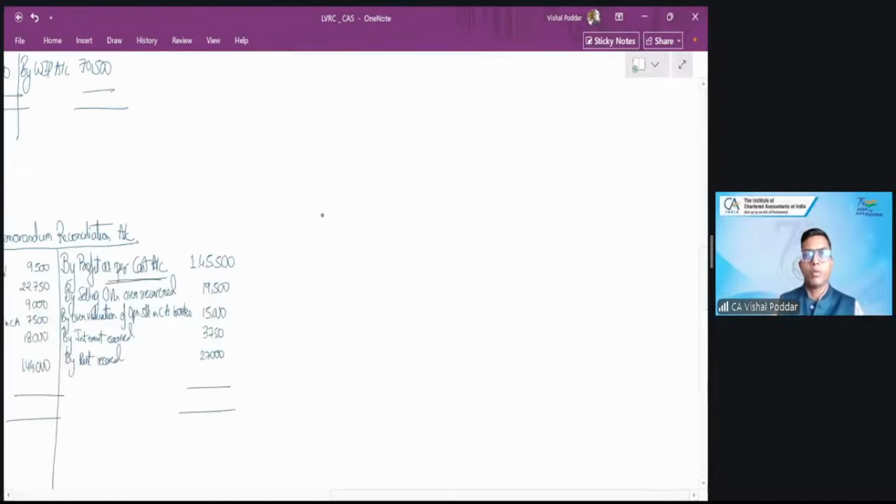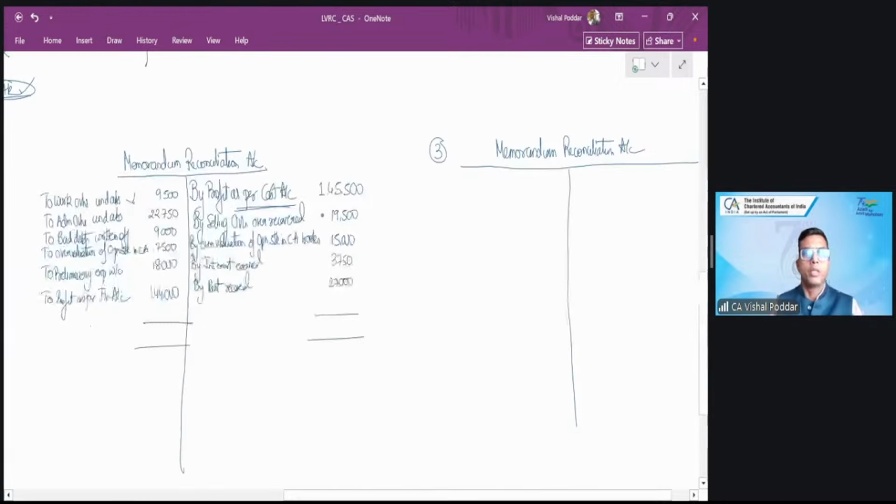And again, I'll follow the reconciliation format. In the accounting format, see what logic I had given in the previous sum: since profit opening balance is a credit balance, you write it here. On the same logic, if you are taking the starting point as a loss, you'll write it on the debit side.